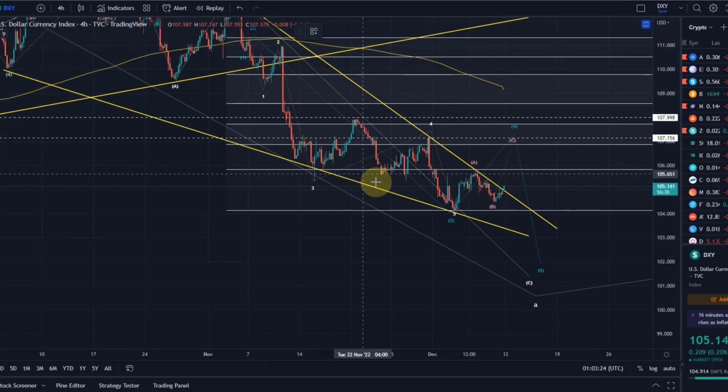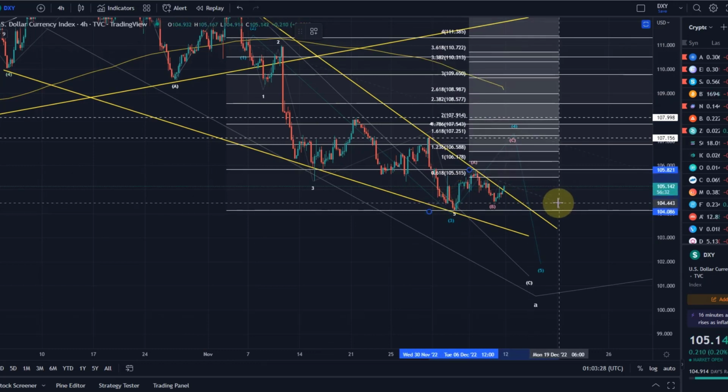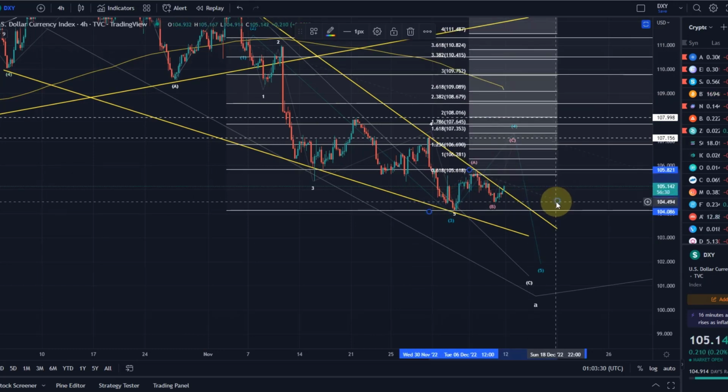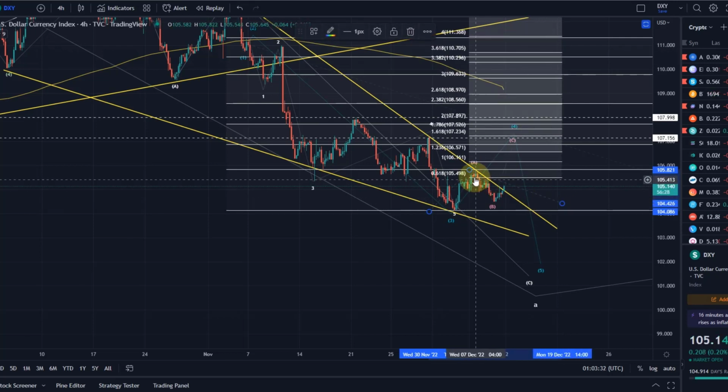Ideal target for the C wave, we can calculate that as well. It's just a different way of calculating a target. First target would be the $106 level, and the second target $107.23, the 1.618 extension. And that is both working out quite nicely with those Fibonacci retracements that I just mentioned to you.